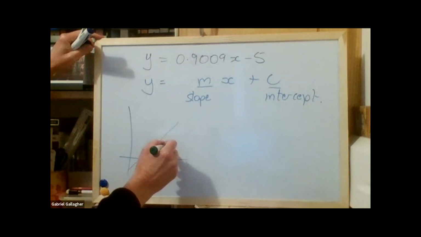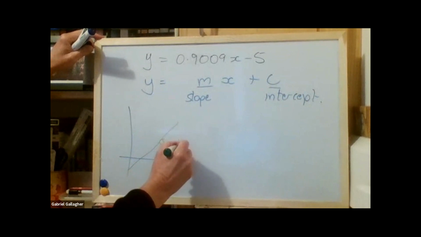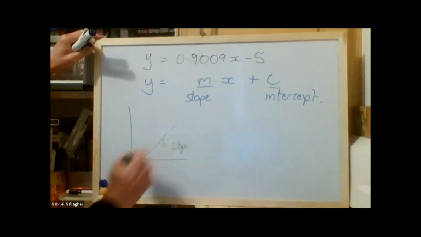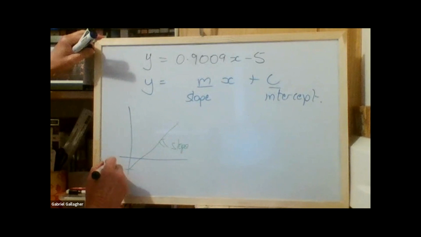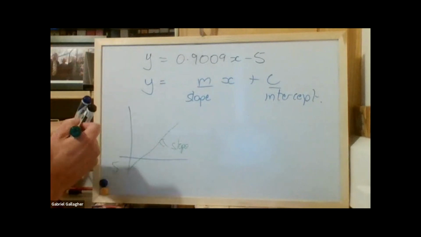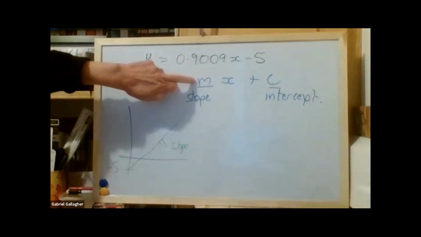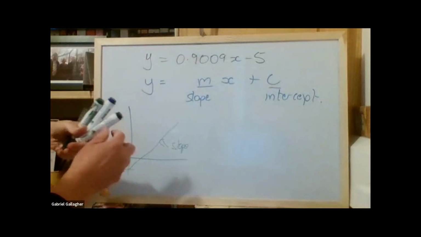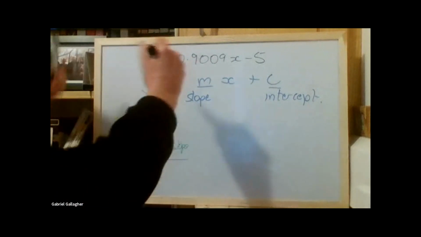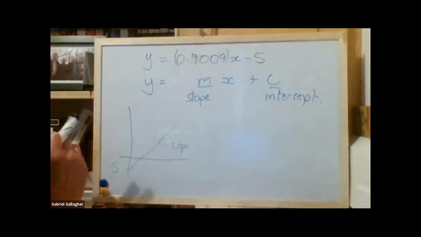Okay, so there's our line. The slope there, and this is the intercept where it hits the y-axis, and that's -5. So c is -5, and hopefully you can see from here, m must be the number before the x. So that is m.